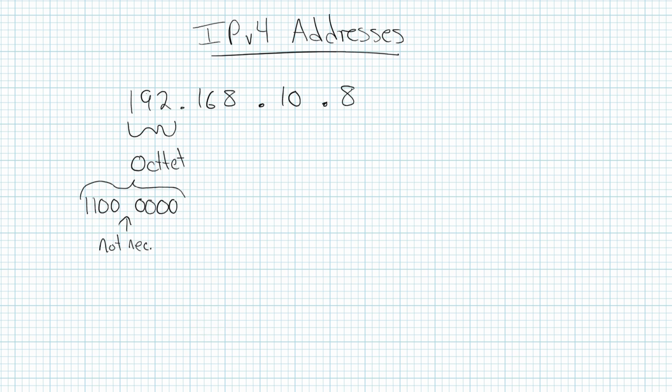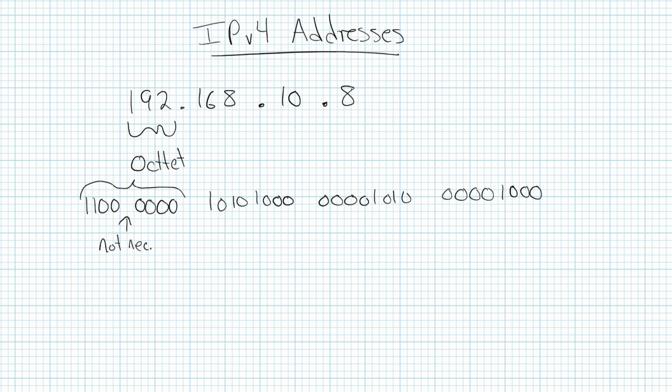So when we're looking at binary notation of this value, we are looking at writing it into 4 octets, or 32 total bits, because we have 4 times 8 bits, which gives us a total of 32 bits.